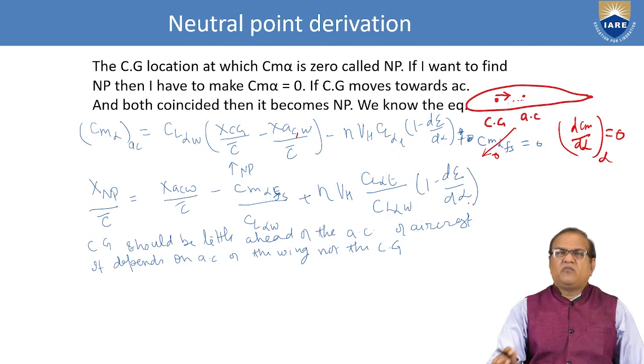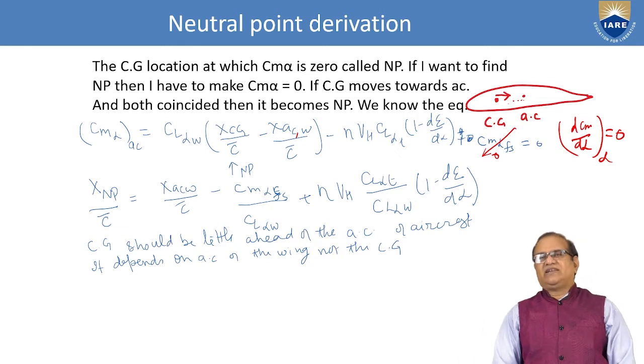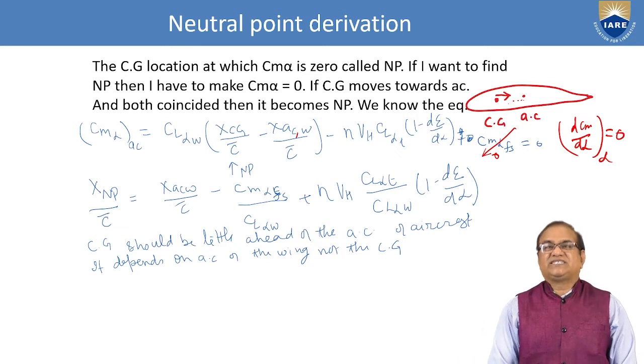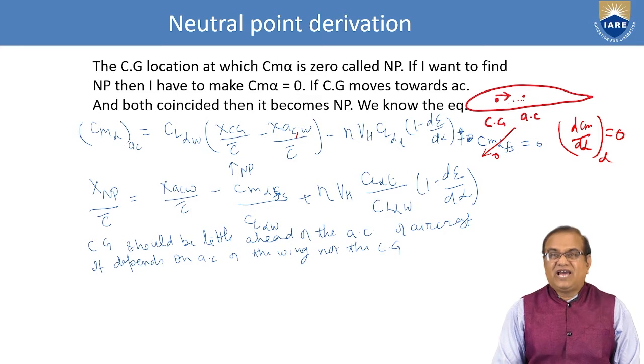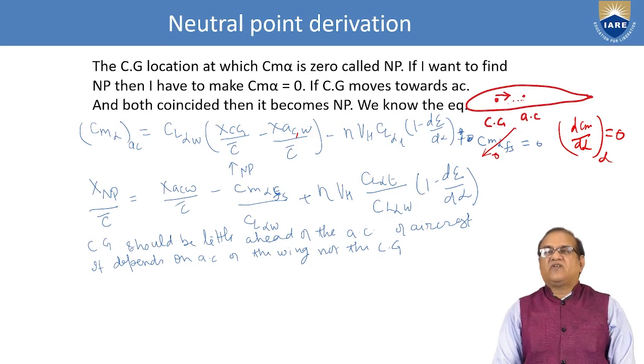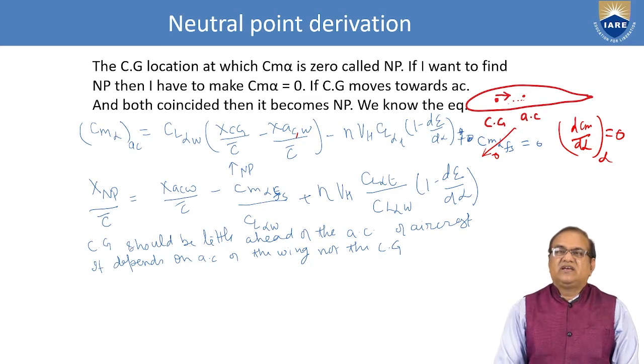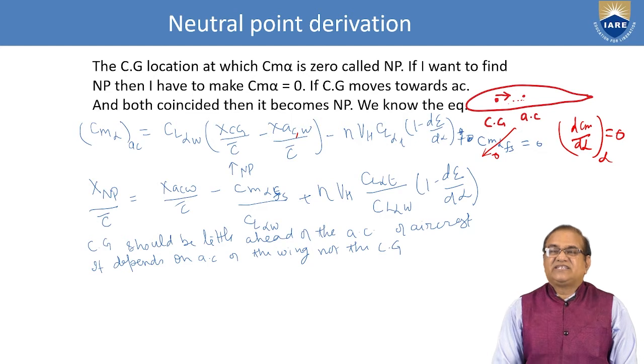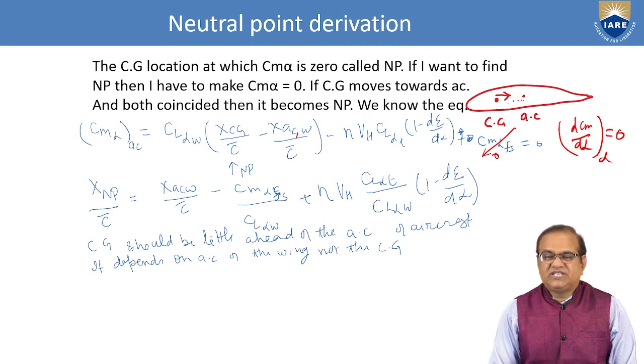By this equation, it is very much clear that the neutral point depends upon the aerodynamic center of the wing, aerodynamic center of the tail, coefficient of lift of the tail, and neta, the ratio of the dynamic pressure of the tail and the dynamic pressure of the free stream velocity.